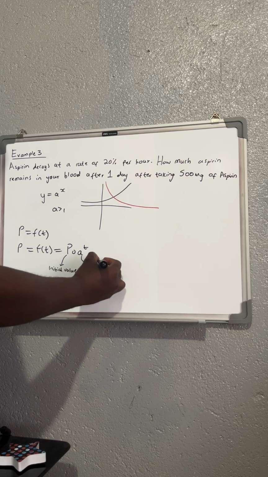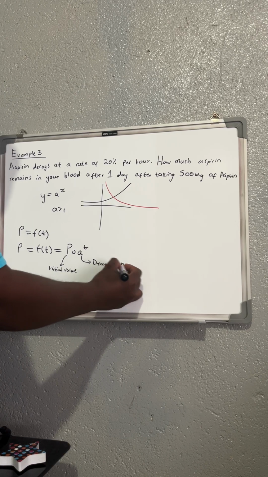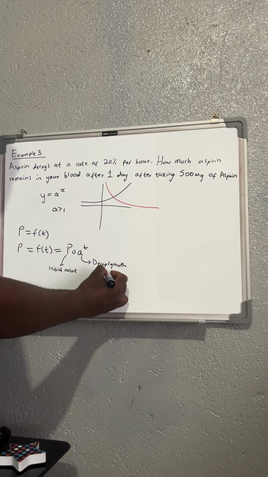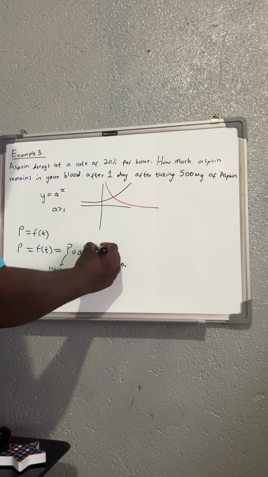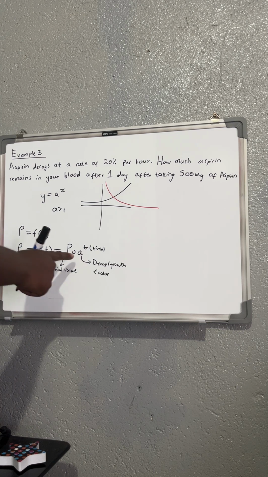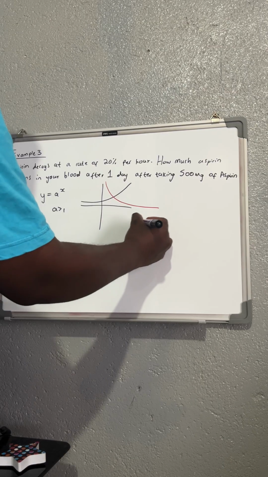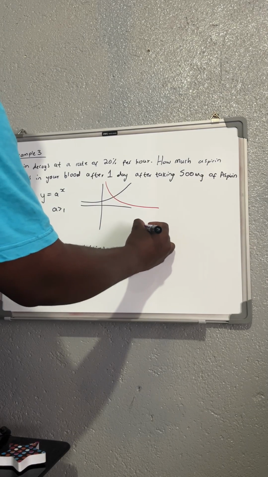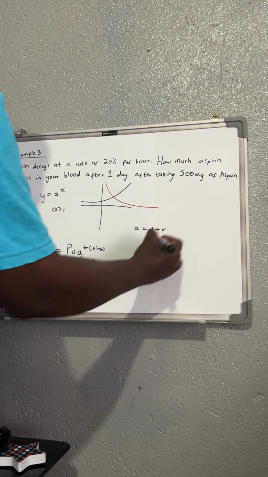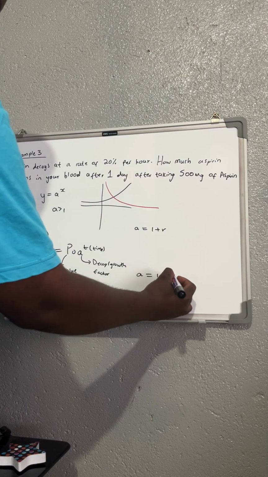Then this one would be your decay or growth factor. Then this one will be given in time. As we know, the decay or growth factor can be written as a equals 1 plus r, or it can be written as a equals 1 minus r.